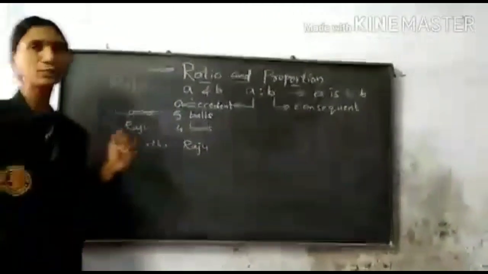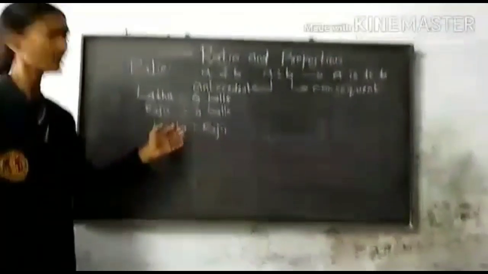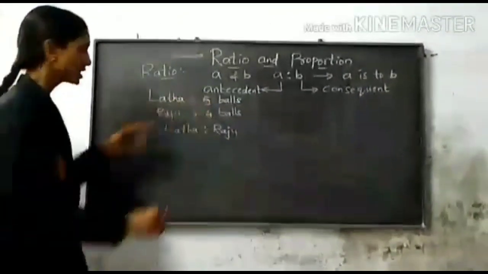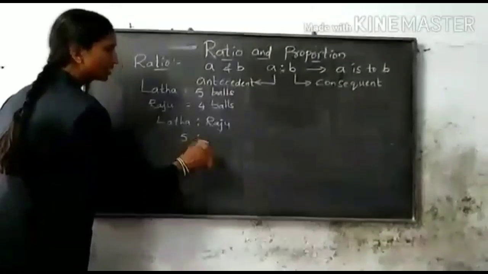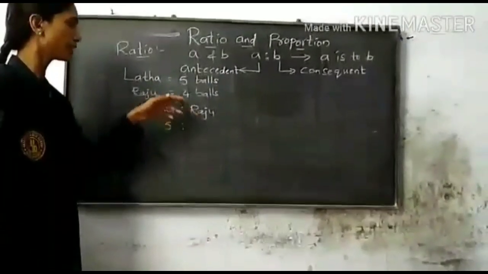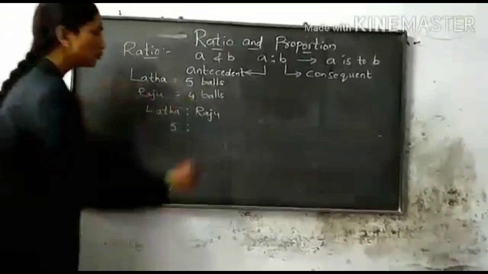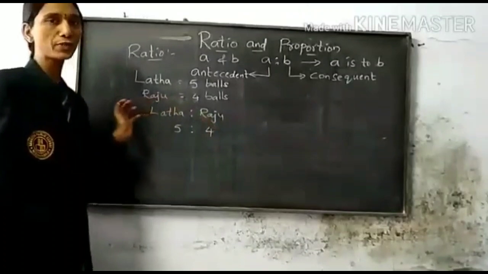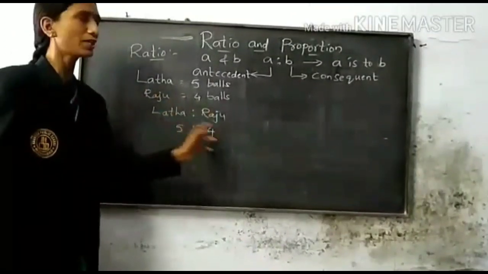Children, tell me, first Lata is there, so we take the number of balls with Lata, which is 5, and the number of balls with Raju is second, which is 4. So the ratio of Lata to Raju is 5 is to 4.